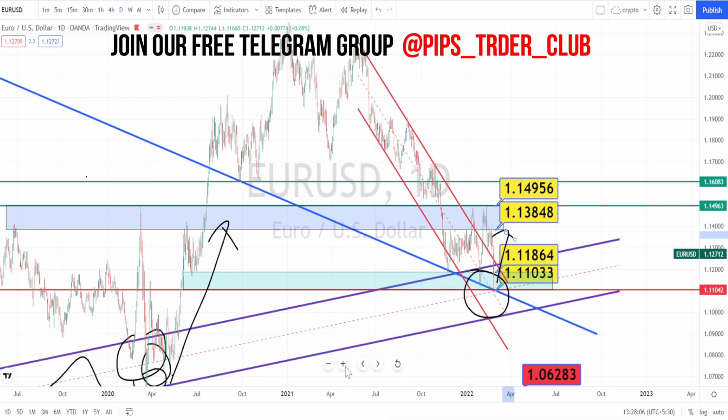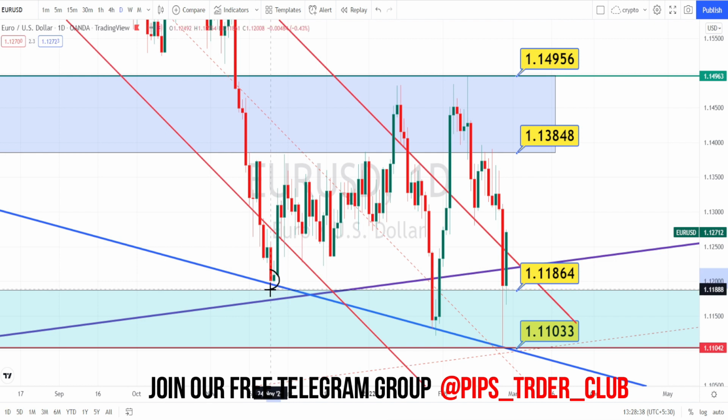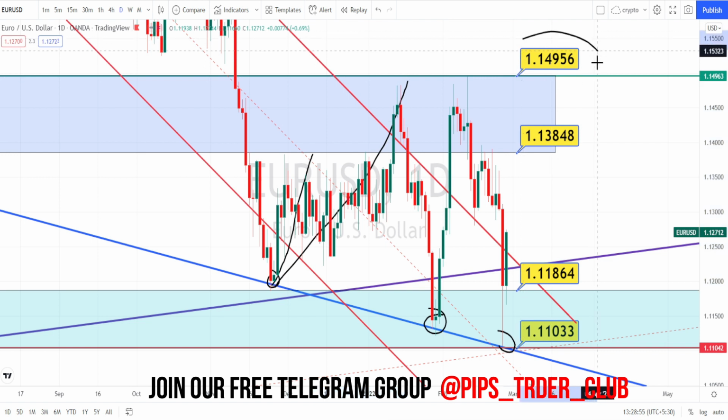When we closely analyze the current price action, the price had taken support on this trend line from the daily time frame, and every time it tested this trend line, it bounced back and went up to the resistance level of 1.14 and then retraced back.